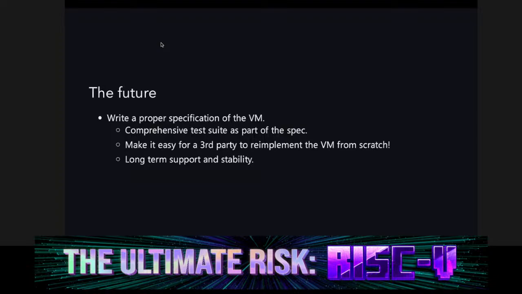Also, we do want to write a proper spec for the VM before hitting version 1.0. So we want to have a comprehensive test suite as part of the spec, which will be independent from the VM, and we want to make it really easy for someone else to implement a new VM that is 100% compatible with ours. And this will also help with long-term support and stability.